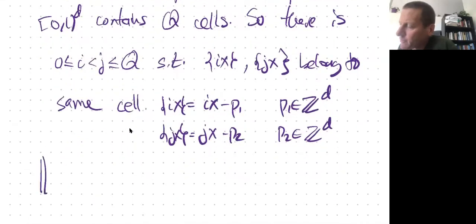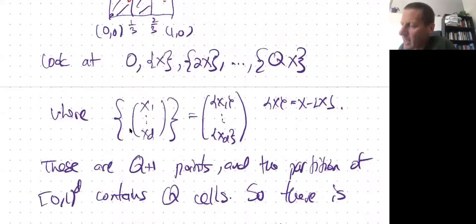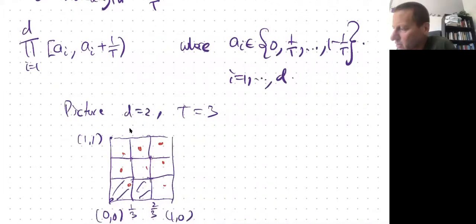And the sup norm of jx minus ix is less than 1 over t, because they belong to the same cell, and these cells are just balls in the sup norm. They have diameter exactly 1 over t.